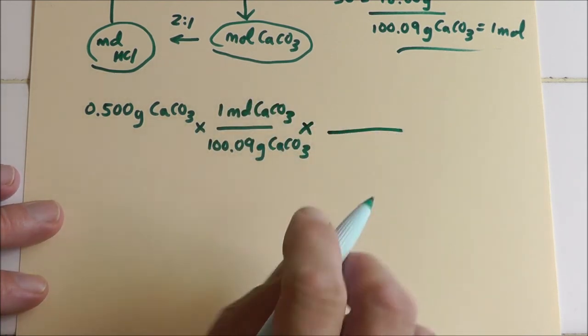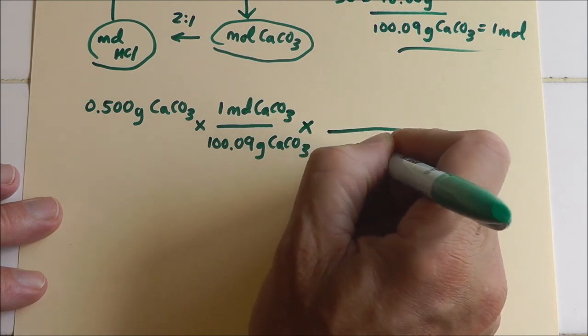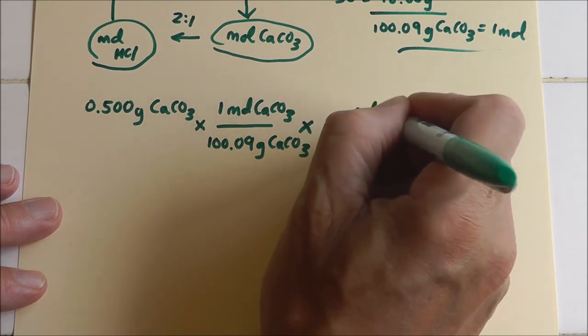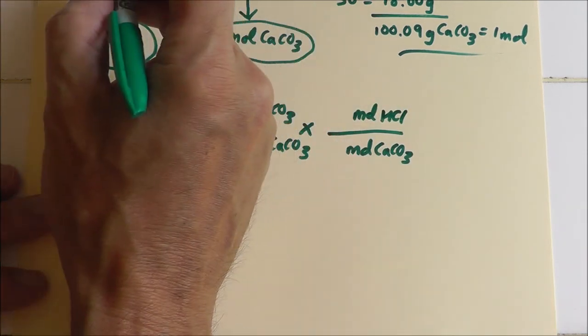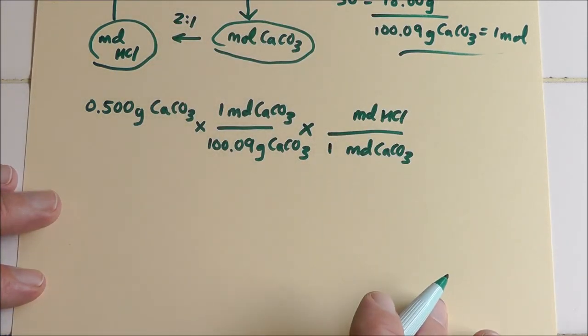Now comes the tricky part. Not tricky at all, actually. Moles calcium carbonate to moles HCl: the reaction tells you to just pick up the coefficient and put it where it belongs.